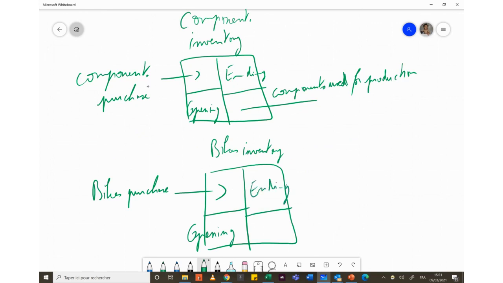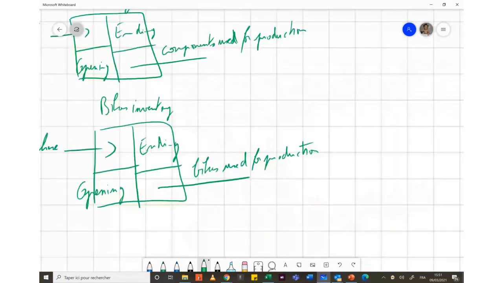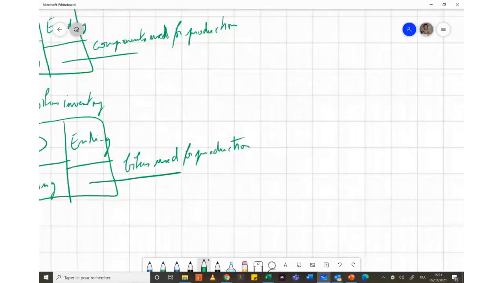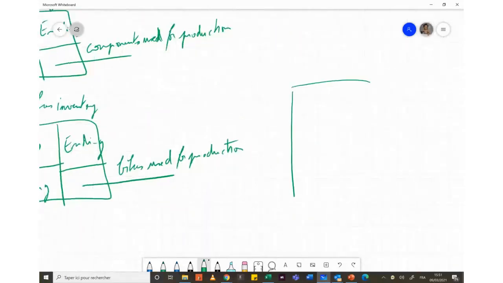And I have the bags used for production. Now I have the e-bikes inventory. What I produce.